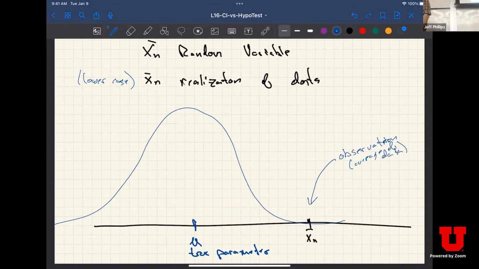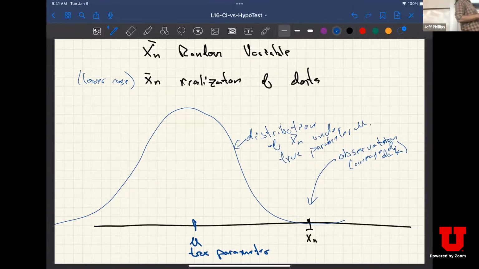So this is the distribution of xn bar under the true parameter, mu.